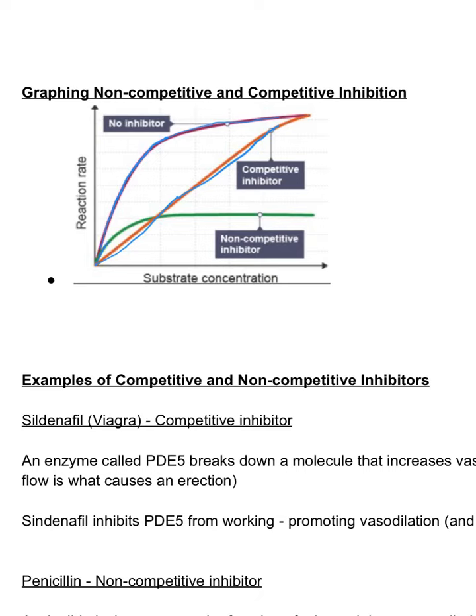Okay. Now, however, with a non-competitive inhibitor, it doesn't really matter how much you increase the substrate, so the graphs look different. The non-competitive one tends to become a bit more constant a lot quicker than the competitive inhibitor.